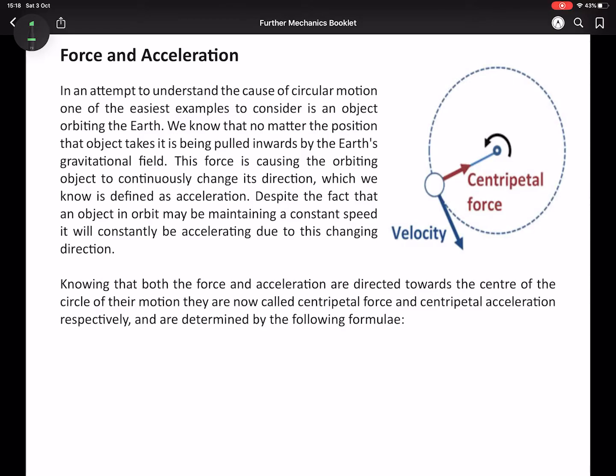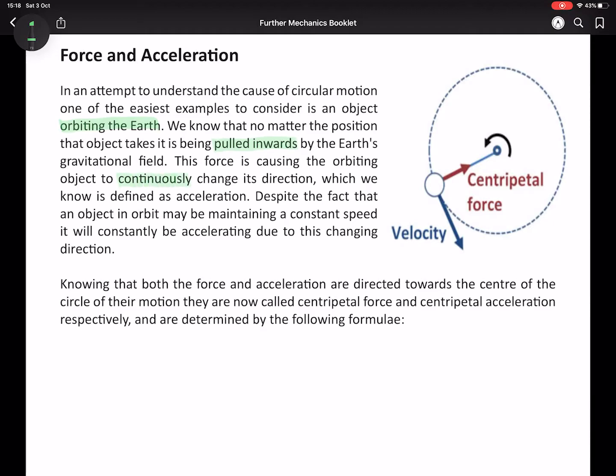Now, force and acceleration are both important features of any rotating system. So we can see that if we have our velocity moving tangentially from this object, if that object continues in its circular motion around the central point, it will be changing direction.